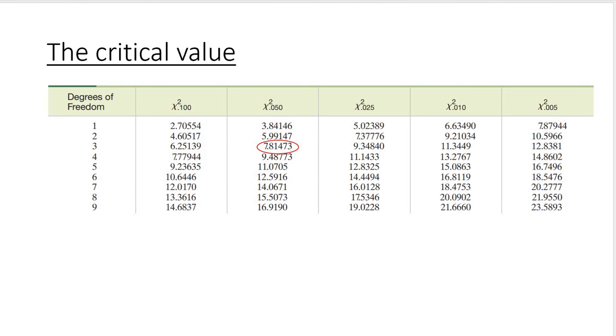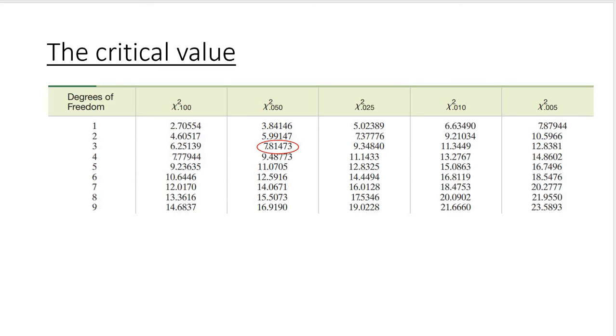The only thing we are missing to make a conclusion about the null and the alternative hypothesis is the critical value. The H distribution is not the same as the chi-square distribution, but they are quite similar. In this case, we are looking for the value corresponding to alpha equal to 0.05.